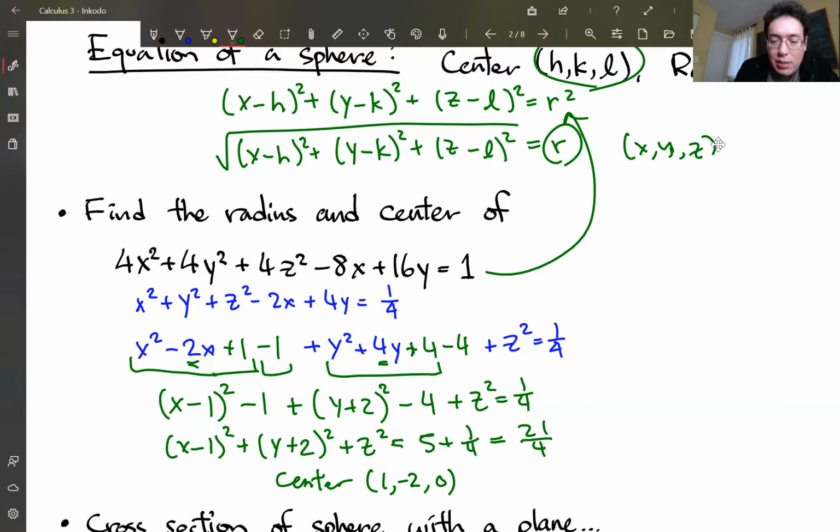And the radius is going to be the square root of 21/4. So let's see, square root of 21 divided by square root of 4, which is 2. Okay, so I hope that made sense.